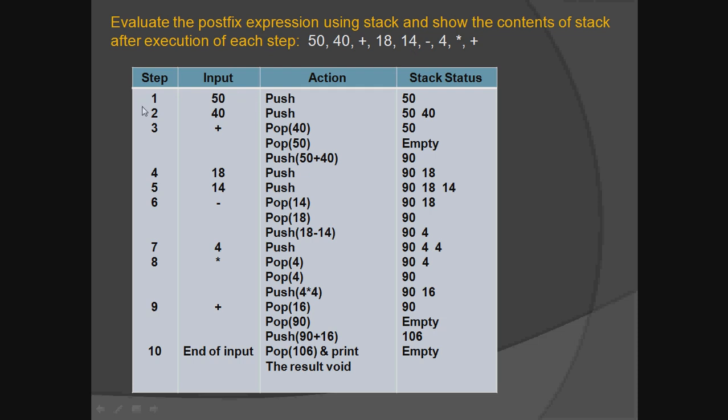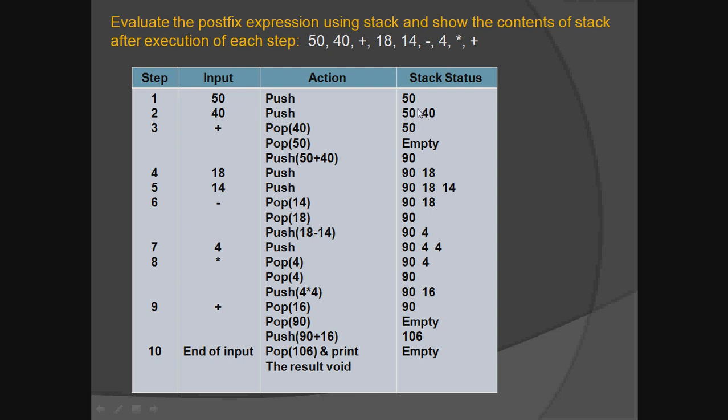So in the first step, 50 is input, so 50 is pushed into the stack, and in the stack the value 50 will be stored. Next 40, so 40 will be pushed, and then in the stack you will have the values 50 and 40, so 40 will be above the value 50.